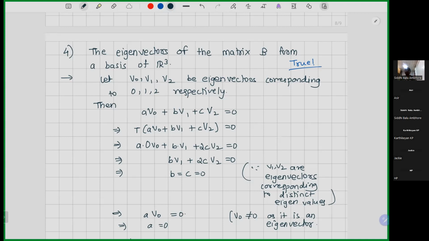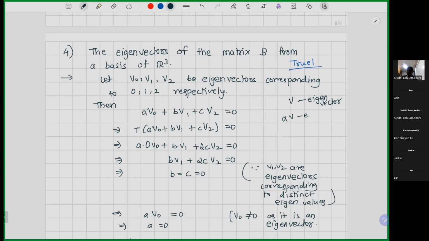Ma'am, can we not take three vectors in which two vectors correspond to the same eigenvalue? If we take 1, 1, 2, then it won't form a basis, right? For example, because I told you, if V is an eigenvector, then alpha V is also an eigenvector.